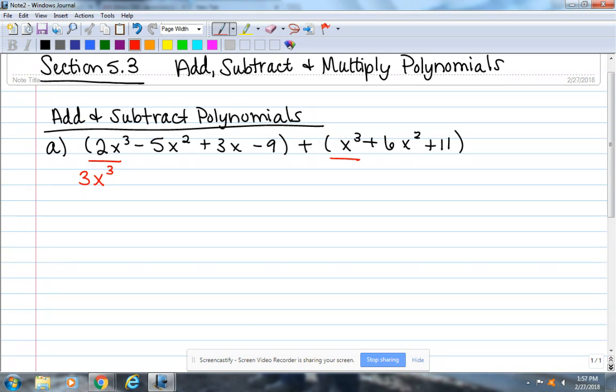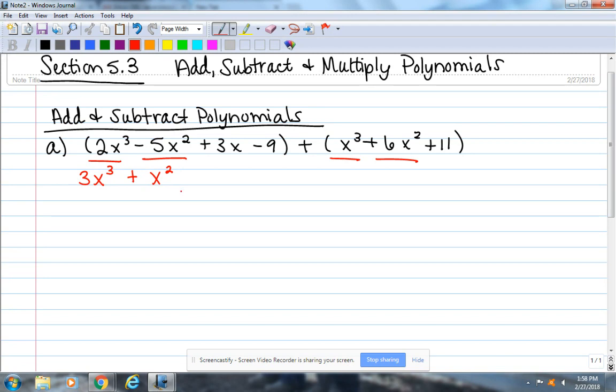Okay? So after x to the third, what's the next highest exponent? X squared. So we've got a negative 5x squared and a positive 6x squared. What is negative 5 plus 6? Positive 1. And you can just put plus x squared if you want to. You put plus 1x squared, or you can put plus x squared.